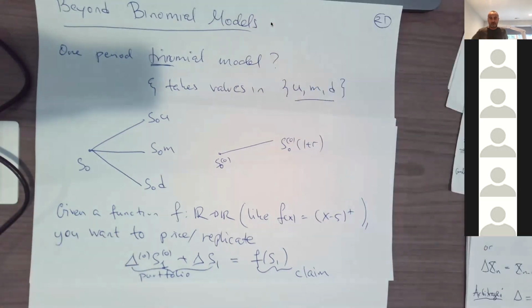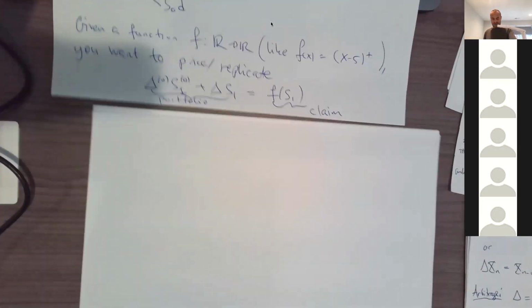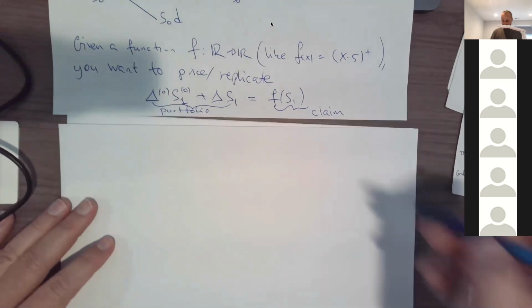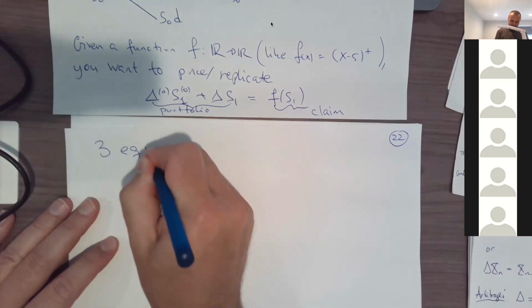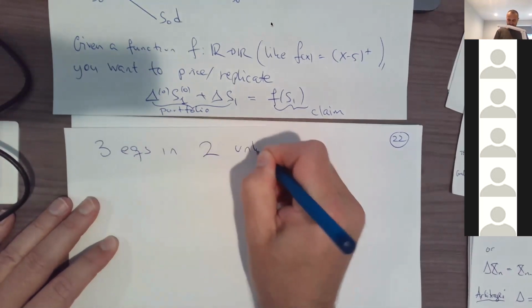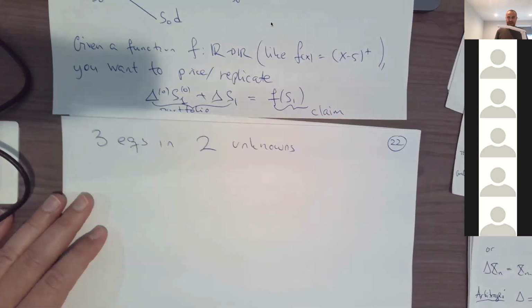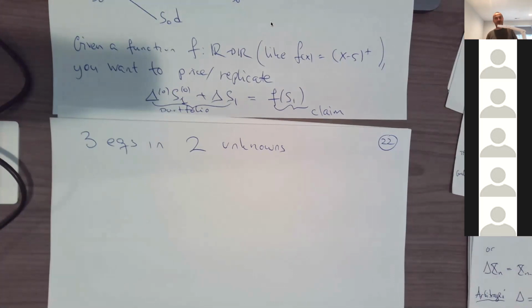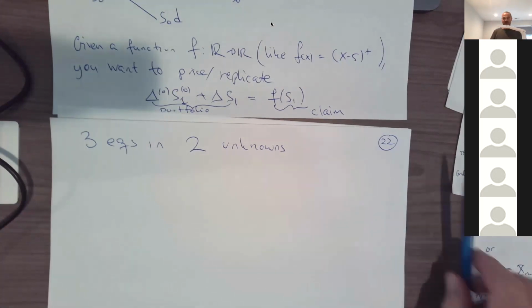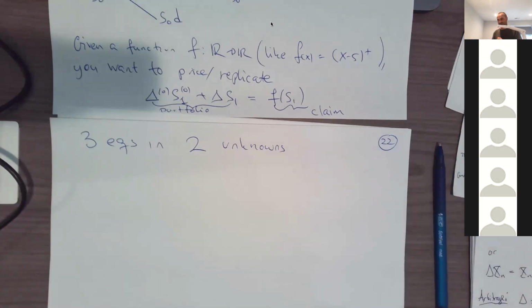Yes, absolutely. There are 3 equations now. Very nice. So now we have 3 equations in 2 unknowns. And how many solutions do 3 equations in 2 unknowns have? Well, it's the same story, right? But now it suddenly becomes much less likely that you can solve them.